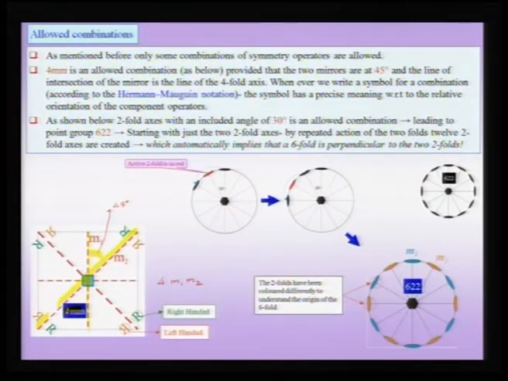Now suppose I start with a general point, a right-handed R drawn here. Then my fourfold will lead me from this green to this green to this green and finally to the fourth green, and finally it will close space on itself.